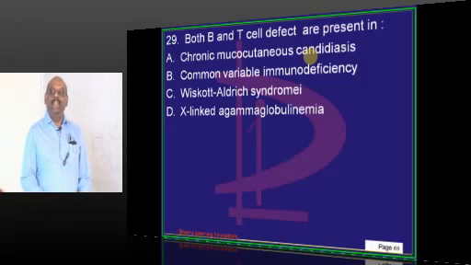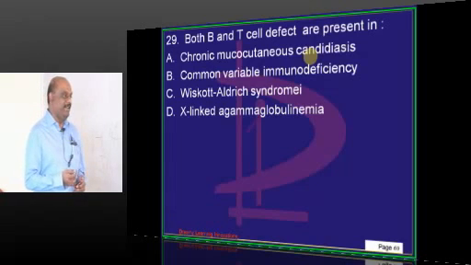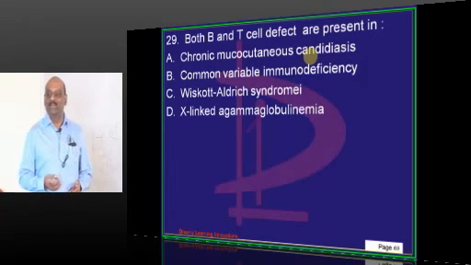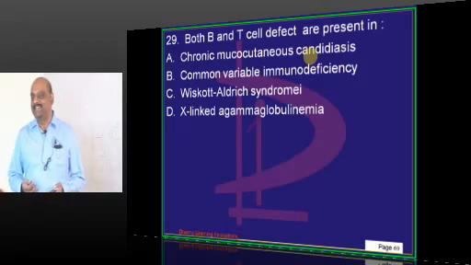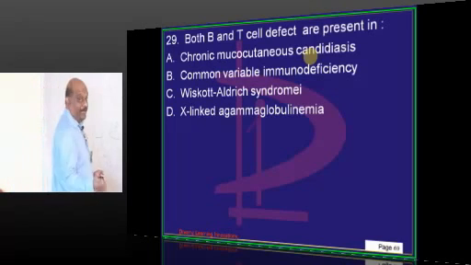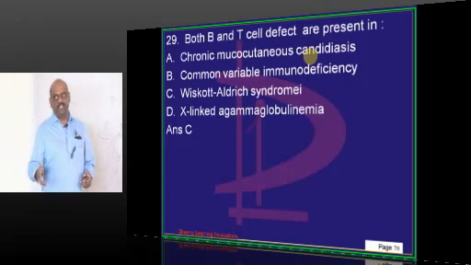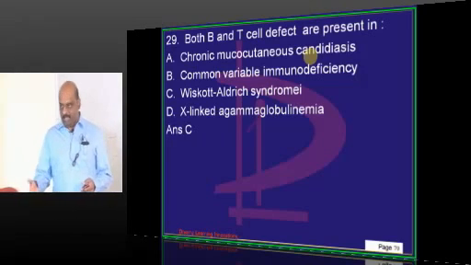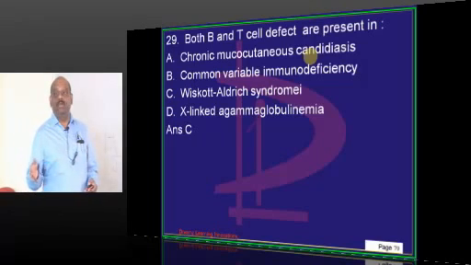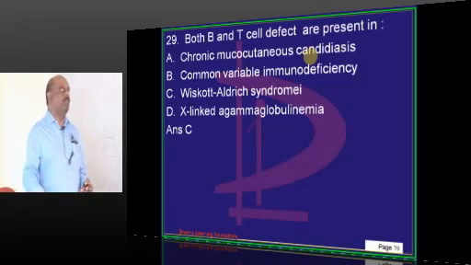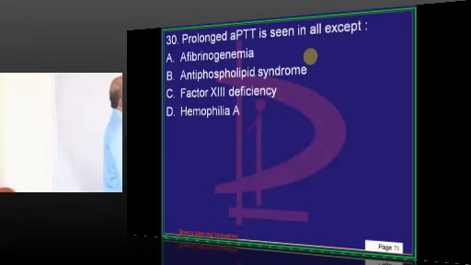Like a tired middle-aged housewife reminds an andropausal husband about getting the supermarket items. So we need to remind you. So both B and T cell, Wiskott-Aldrich is an example. Severe combined immunodeficiency is another example of both B and T cell defect.